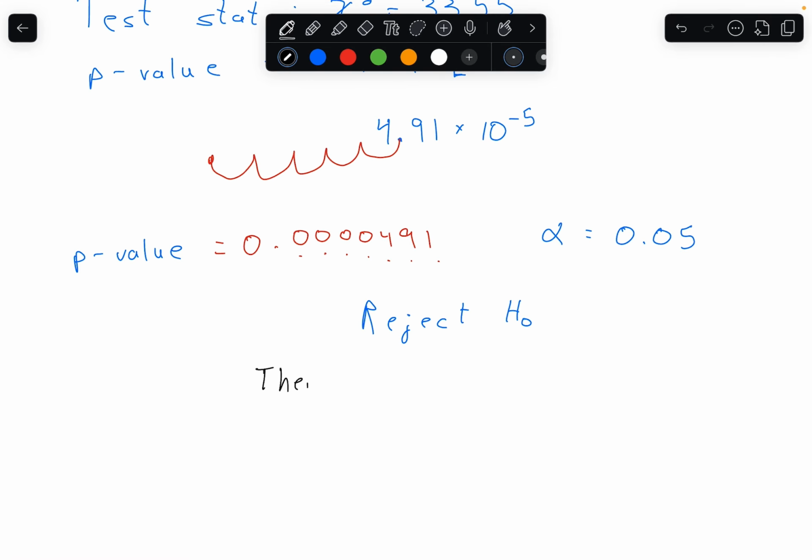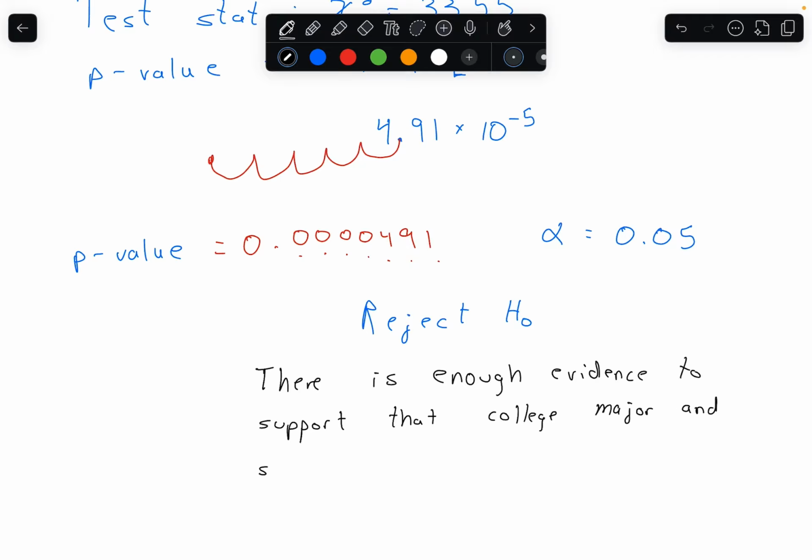It means that there is enough evidence to support that college major and starting salary level are dependent. And there we go. That's the end of our problem.